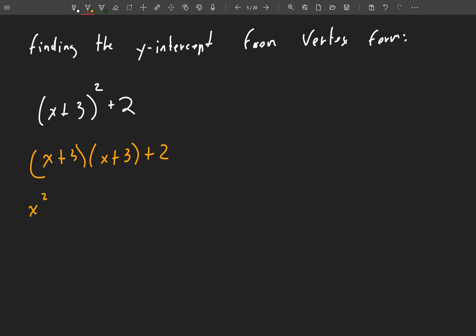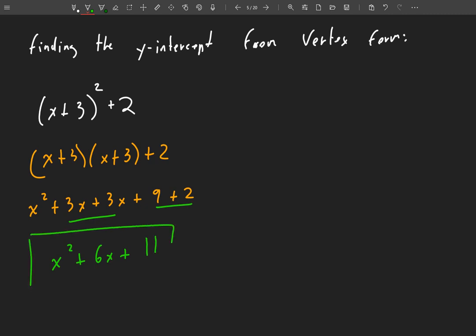So x times x is x squared, x times 3 is 3x, 3 times x is 3x, 3 times 3 is 9, and we still have a 2. And now I can simplify all this, and we can combine these together, and we can combine these together. So that's x squared plus 6x plus 11. Now, if I said, here's something in vertex form, how would you turn it into standard form?